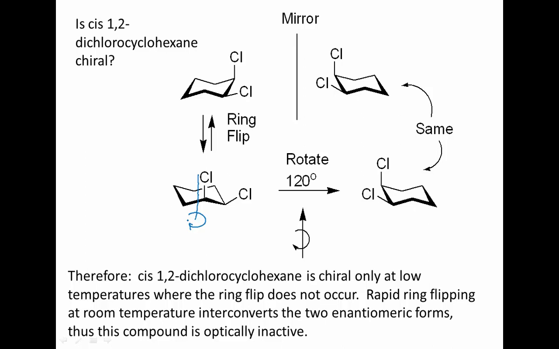So you just look for the planes of symmetry within the hexagon, just like we did with the cyclopentane derivatives earlier, and that'll tell you whether or not it's chiral at room temperature. This type of molecule, the cis-1,2 isomer, would not show chirality unless something is causing the ring flip to not happen.